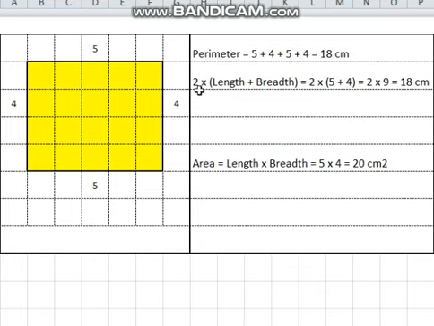If you use the formula, you can use 2 times open bracket length plus breadth. Why 2 here? Because you have 2 lengths and 2 breadths. When you put in the numbers, you get 18 centimeters also. And then the area is the length times the breadth. So 5 times 4, and you get 20 square centimeters.